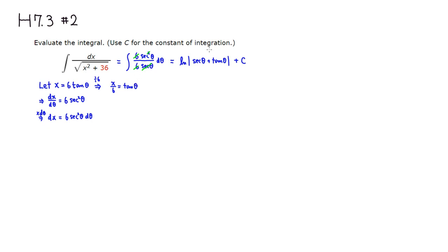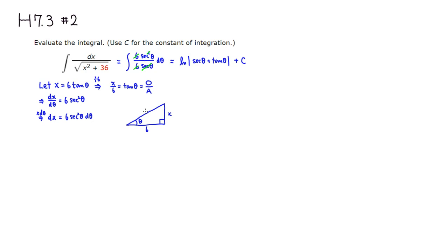We know tangent, and we need to find secant of theta too, so I'm going to use a triangle. I'll draw a right triangle with a right angle here and theta there. Tangent is opposite over adjacent, so I'll set opposite to be x and adjacent to be 6.